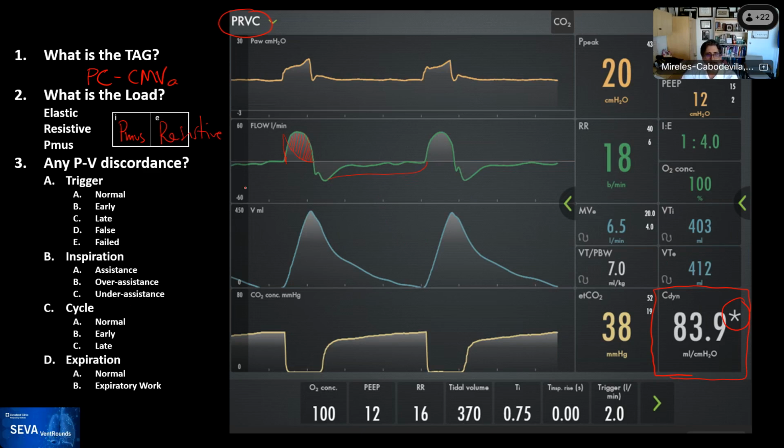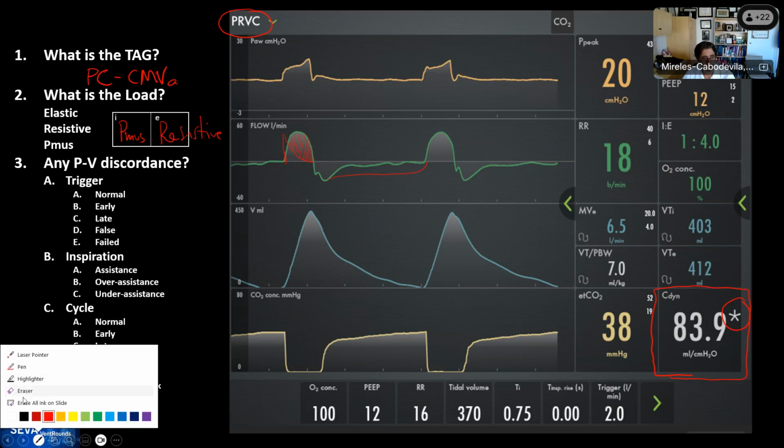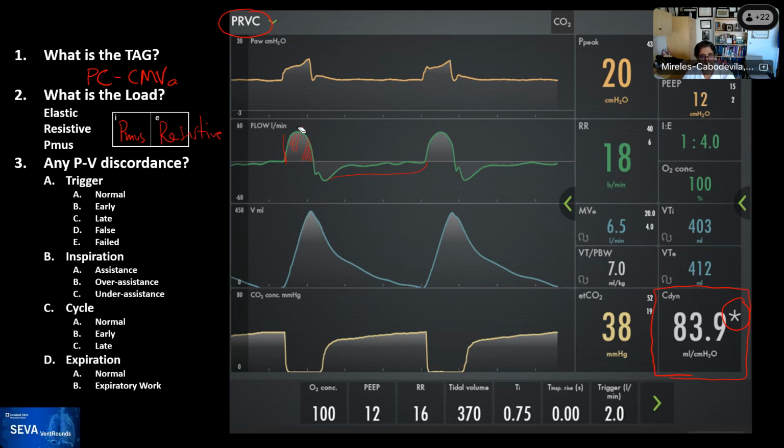All righty. So any PV discordance that you say? Well, let's start with the trigger. So write it down, have no fear.